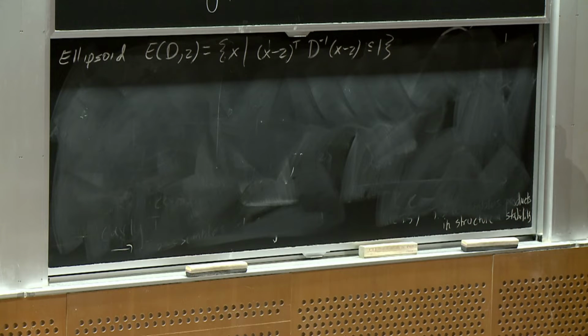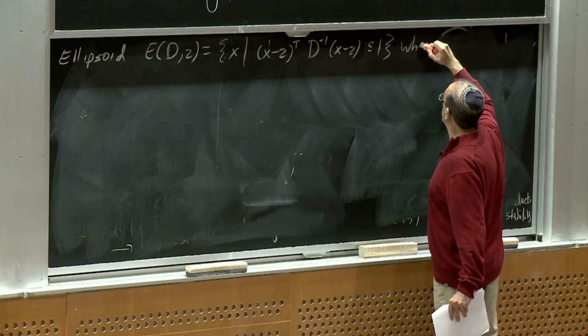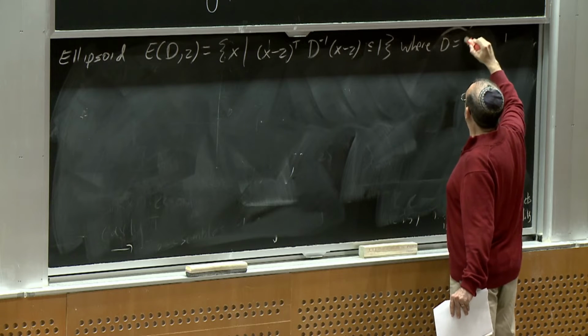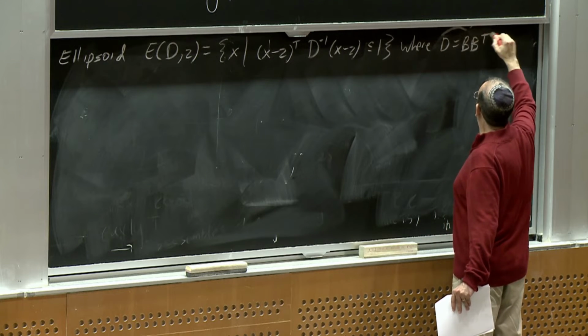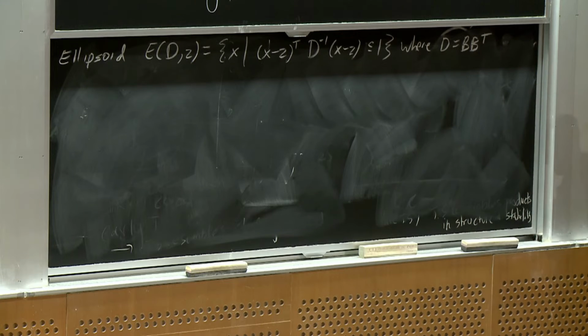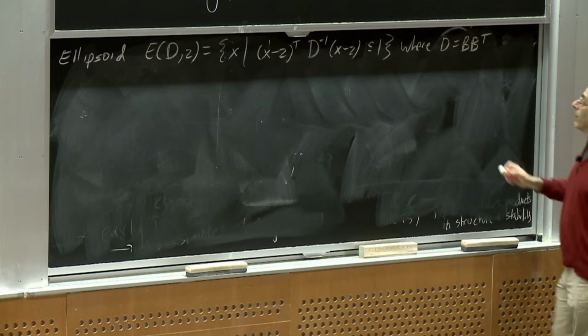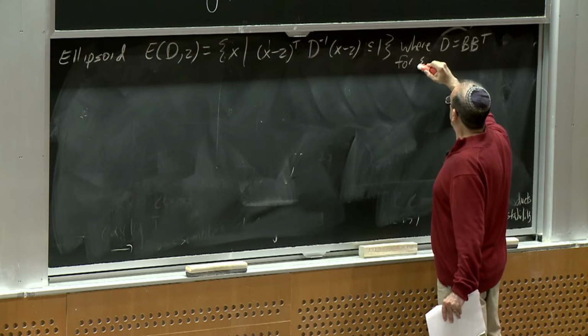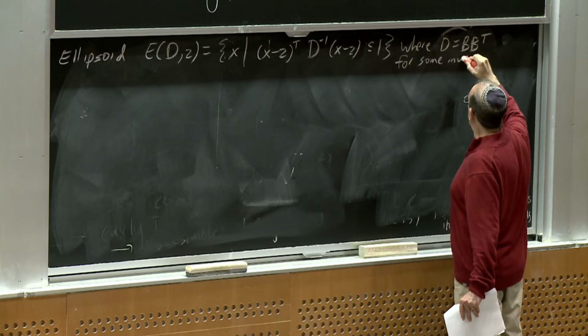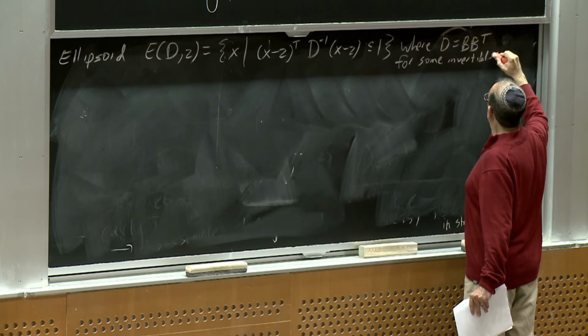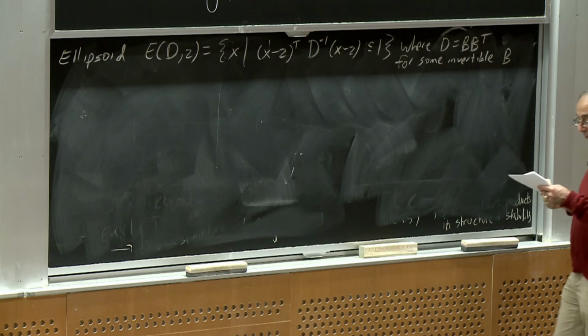Okay. Where D is a positive semi-definite matrix, which just means that it has a square root for some invertible matrix B. Okay.